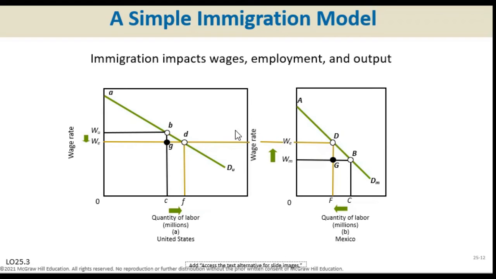And this immigration increases economic efficiency and produces a net gain of world output, because the gain in the United States by taking the inflow of immigrants from Mexico exceeds the loss in output in Mexico that sees the outflow of migrants to the United States.